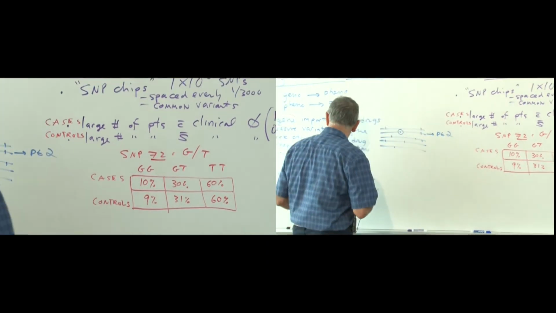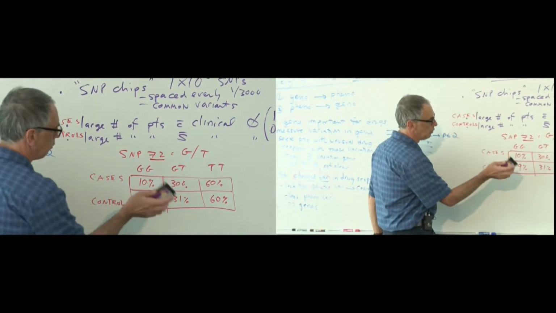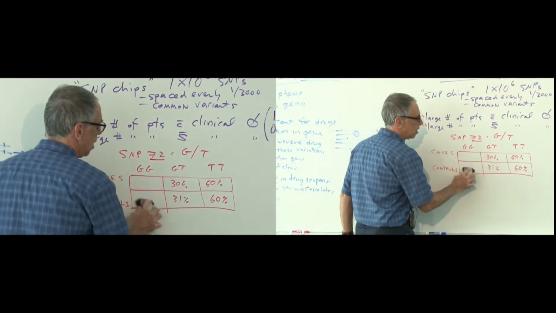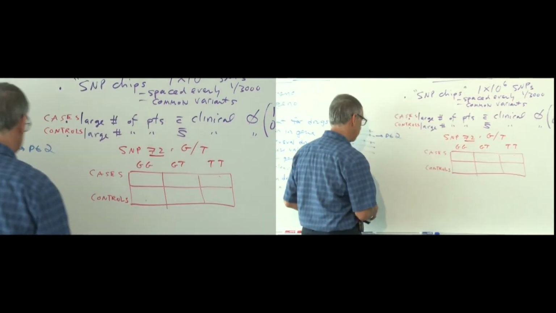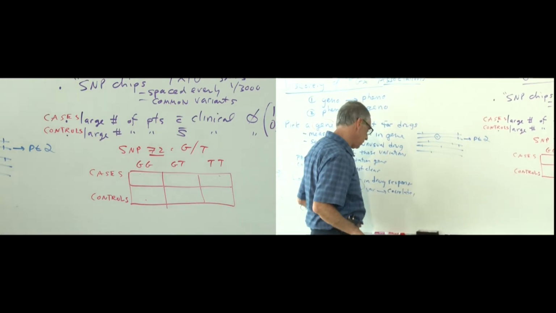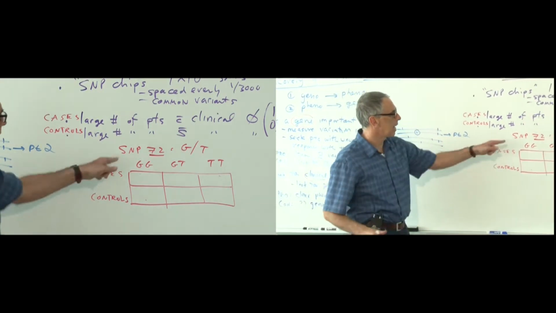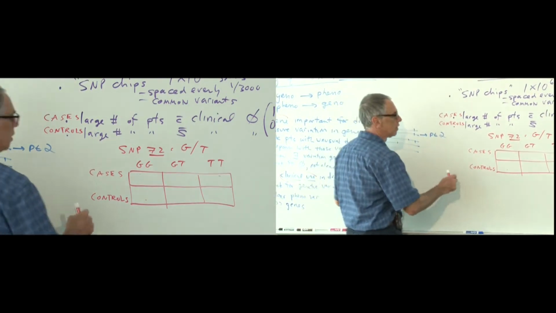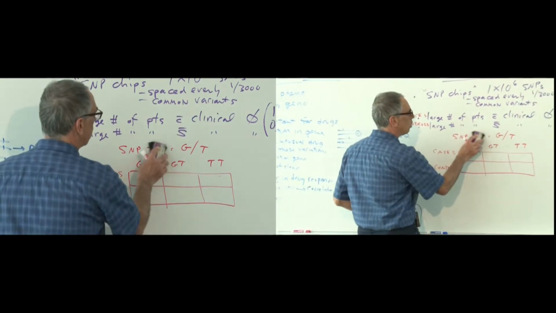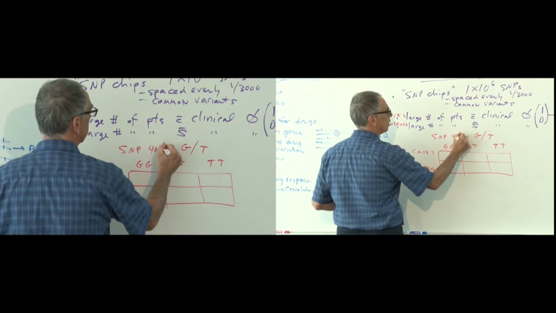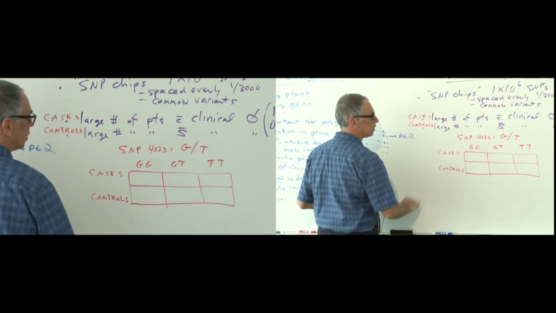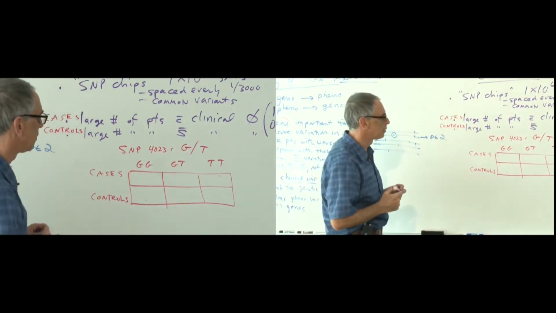But let's think of a more interesting case. Let's do a little erasure. And now let's imagine a genetic variant that is actually, so now this is SNP, I got to change the number because this one is going to be a good one. So this is SNP 4023, and it's a GT SNP as well because I don't want to redraw this part of the table.